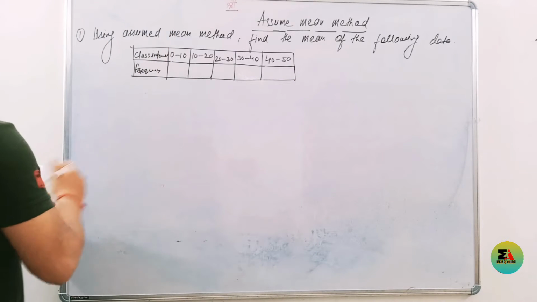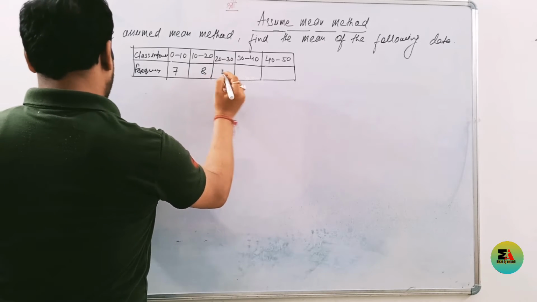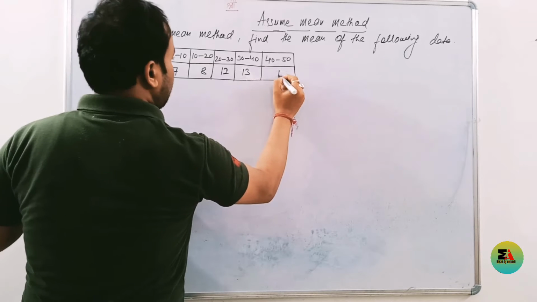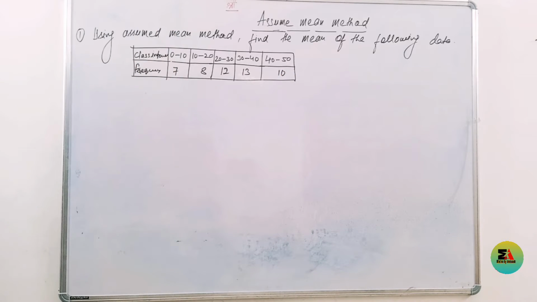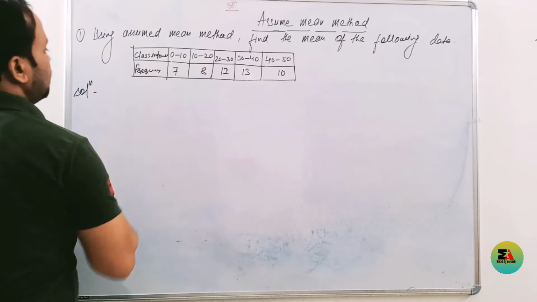Their frequencies are 7, 8, 12, 13, 10. Clear? Now see how we solve this.